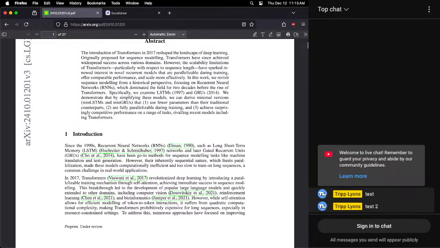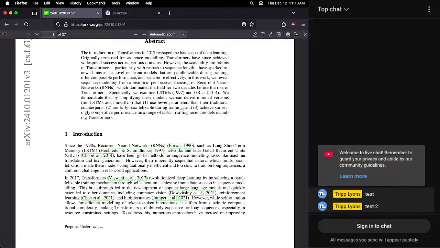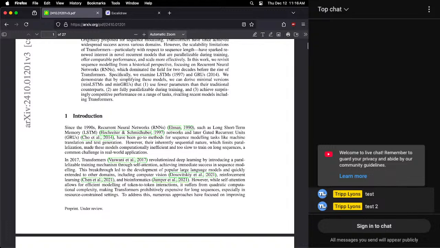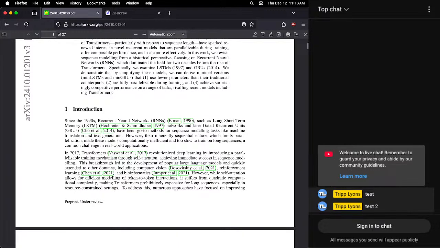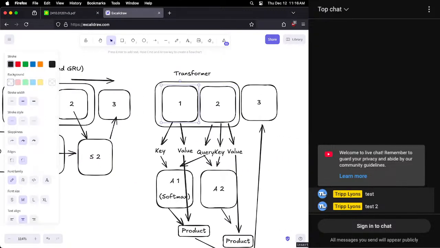However, their inherently sequential nature, like I pointed out here, this is sequential, limits parallelization, making these models computationally inefficient and too slow to train on long sequences, a common challenge in real-world applications. And then transformers suffer from quadratic computational complexity because every token has to pay attention to every other token. If you have n things paying attention to n other things, that's n squared.